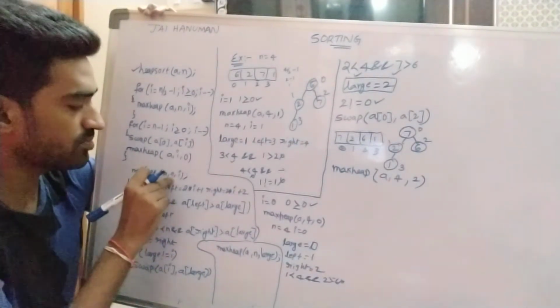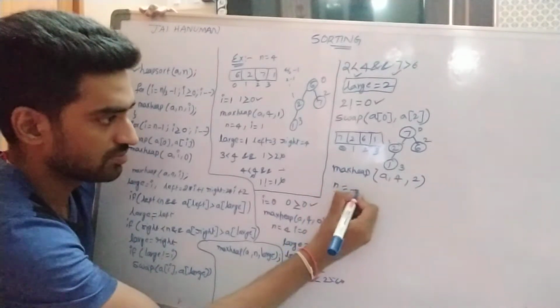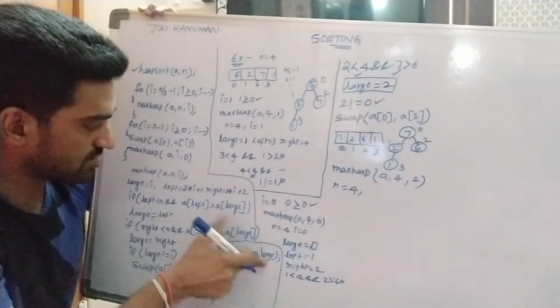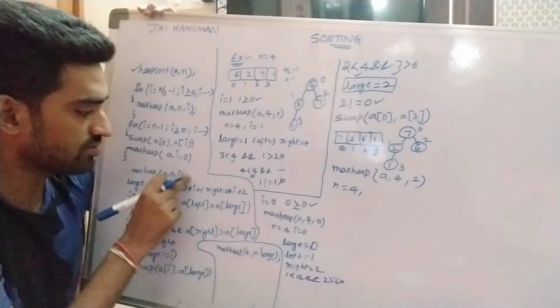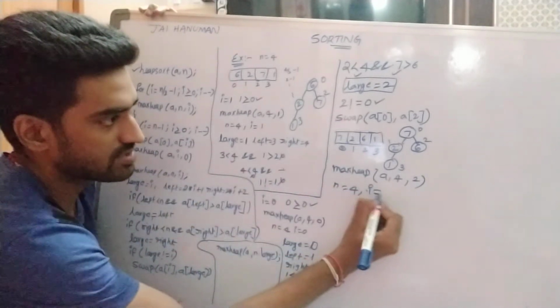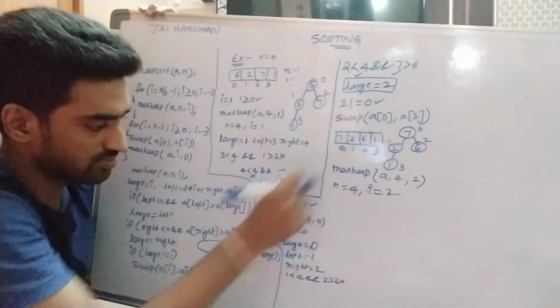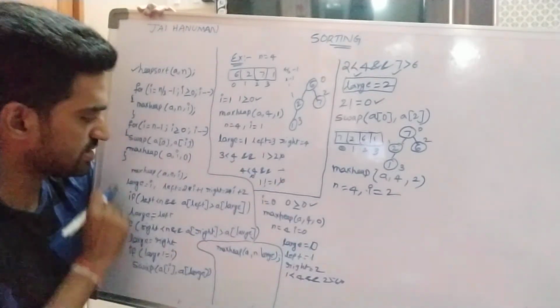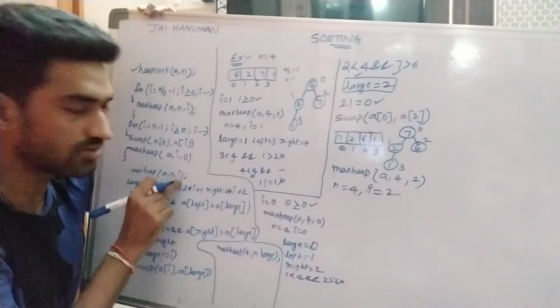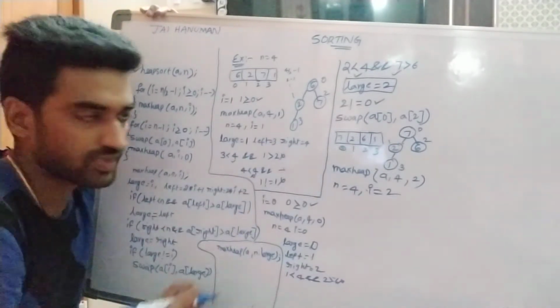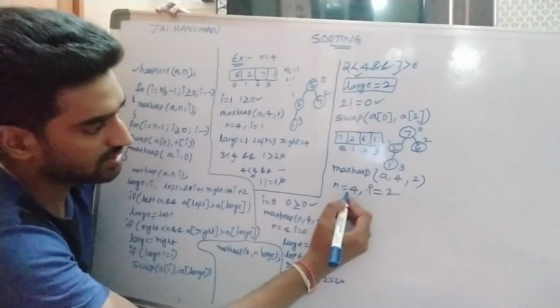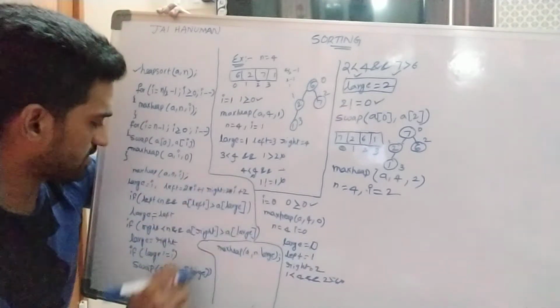Now n value becomes 4, and large is copied into I, so I is equal to 2. After calling this function, the large is copied into I, 2.